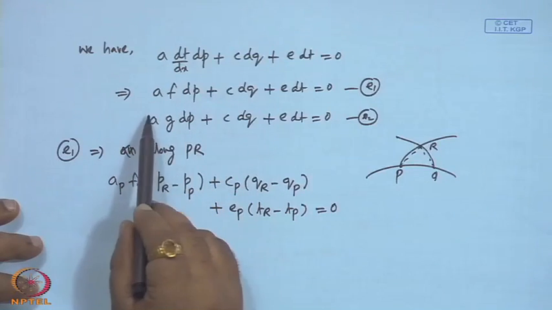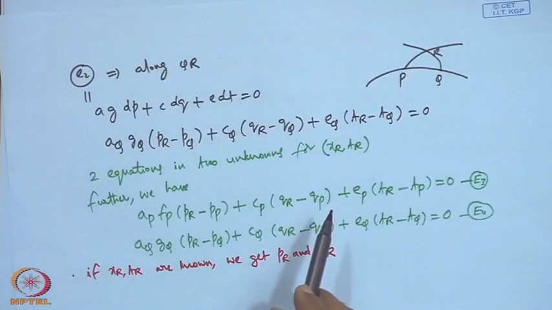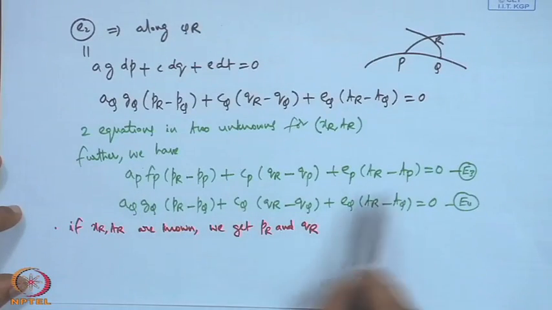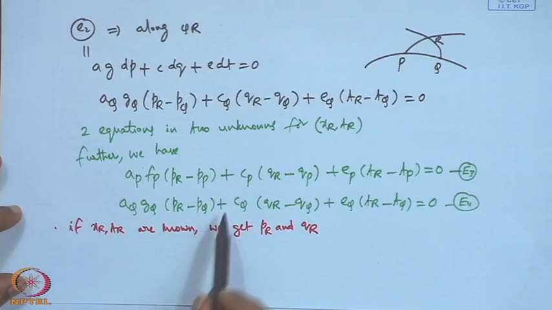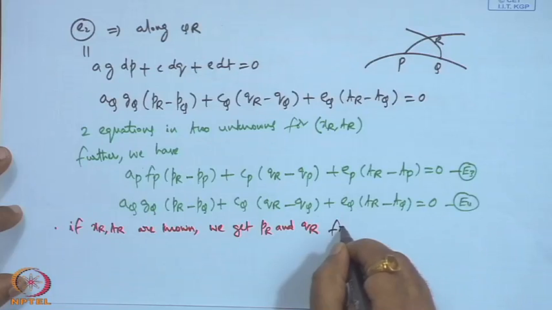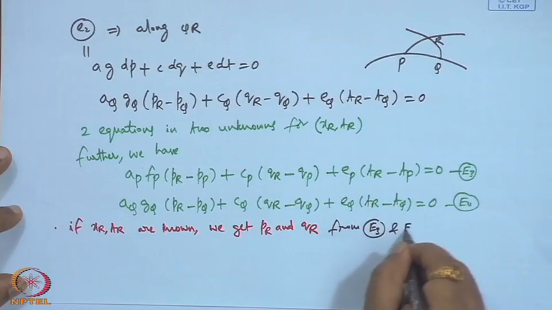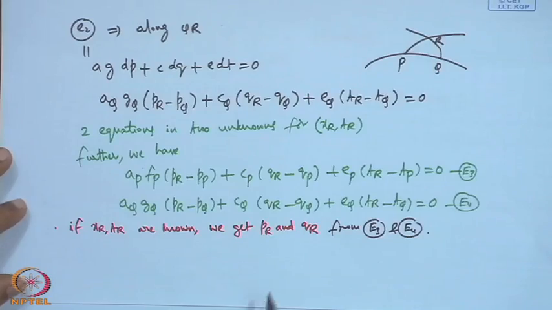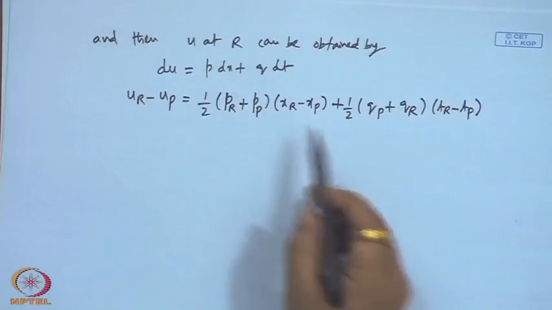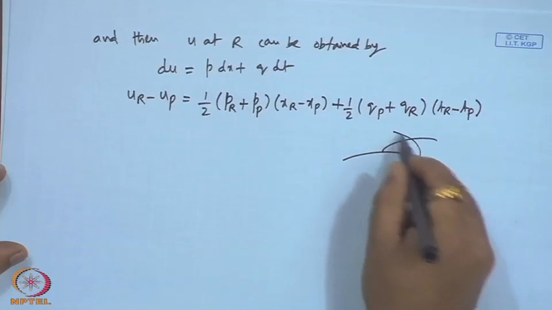So, now in order to get the first derivatives, we approximate, then we get these two equations. Now, the remark is, if x r and t r are known, then we get p r and q r from E 3 and E 4.